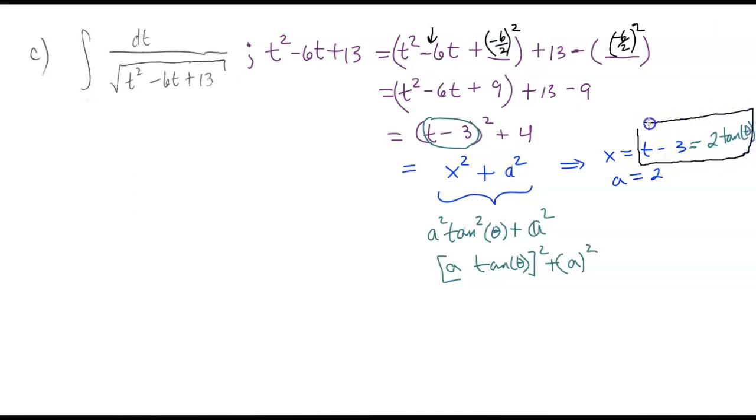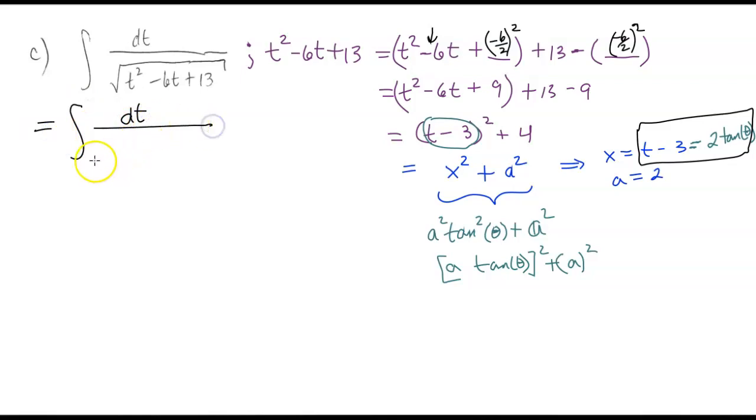So I'm just going to say, hey, rewrite what I have here in terms of this t minus 3 squared plus 4, and then afterwards say let t minus 3 be the 2 times tangent theta, and just deal with it from there.